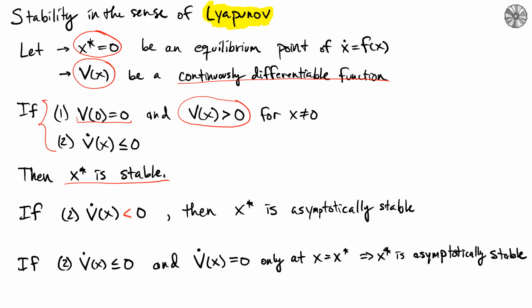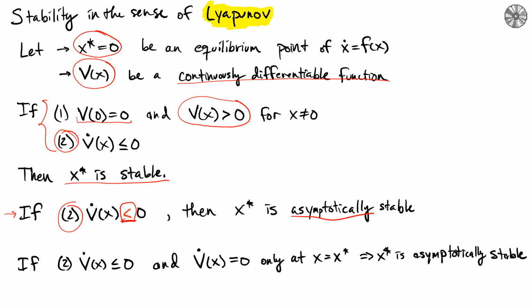We can make this a little bit sharper. We have two further corollary results, which say that we can replace this element here, number 2, with a strict inequality. Oops, this is a box, not an underline there. So this is a strict inequality, and that means that if the v dot is always less than 0, then we can say something a little bit stronger, which is that this is asymptotically stable.